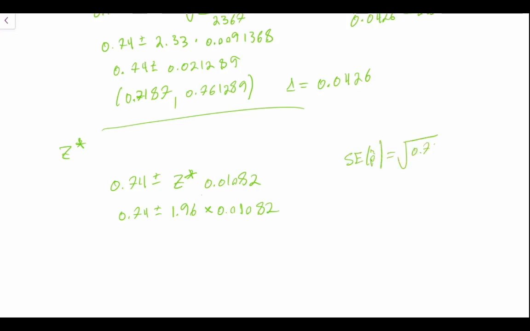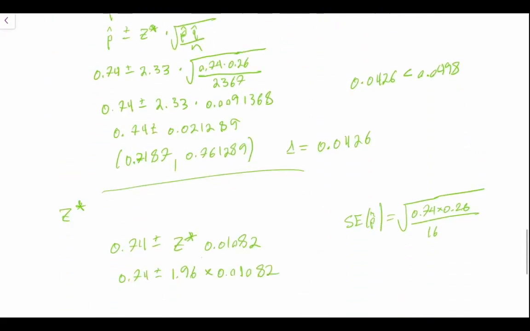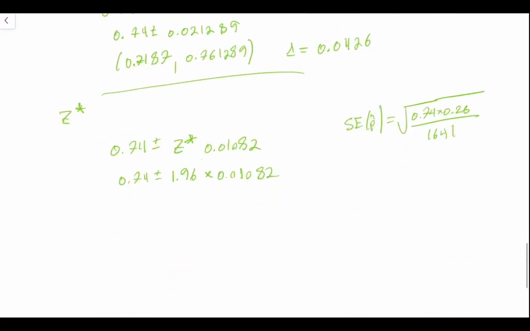And just a reminder, the standard error of the proportion of our sample was equal to the square root of 0.74 times 0.26 divided by 1644, which gave us our standard error of 0.01082, which is seen right here.